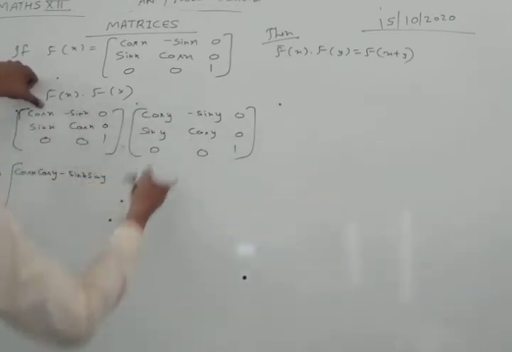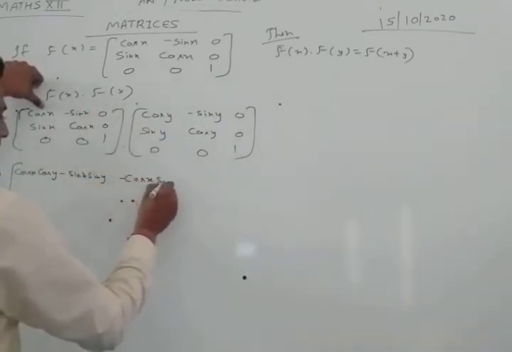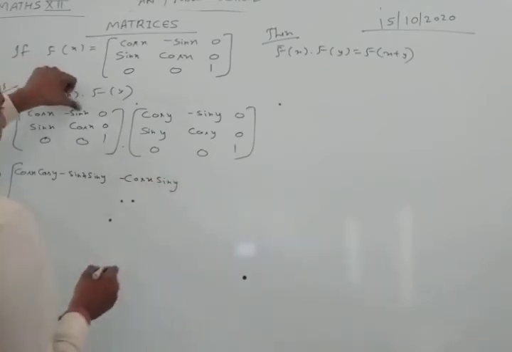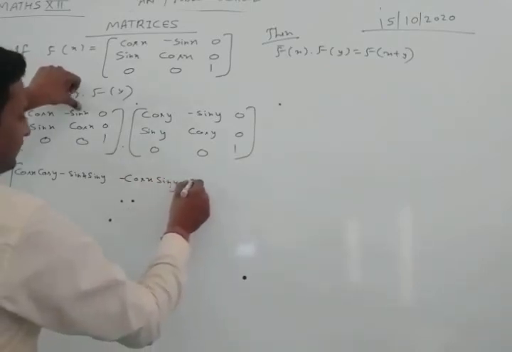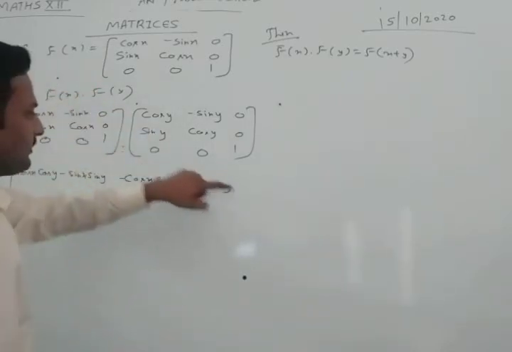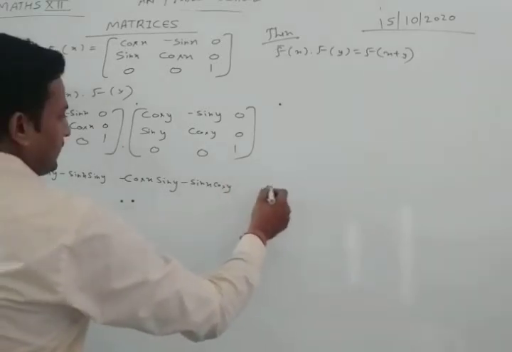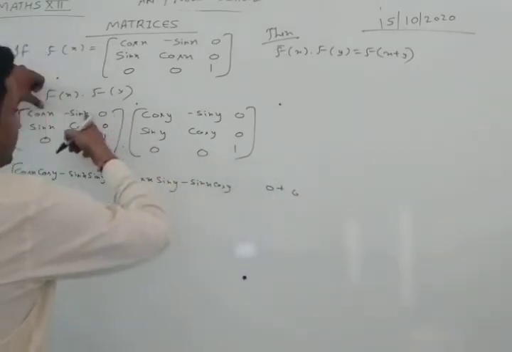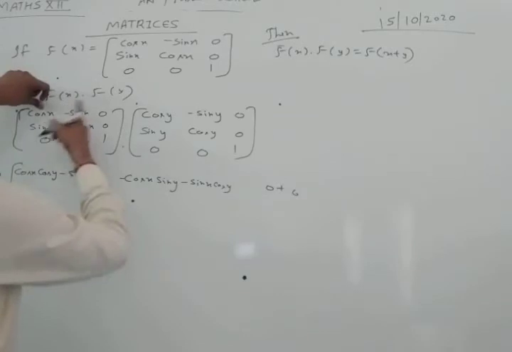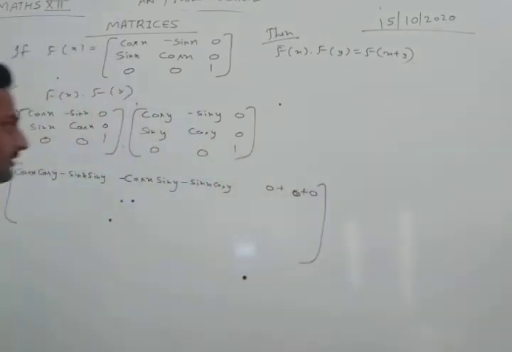Again, for the second, cos x into minus sin y minus sin x cos y, and this term is 0 again. Go for the next: this is 0, 0, and this is 0. So this term will be 0.